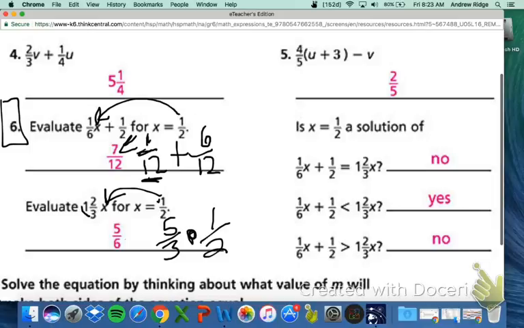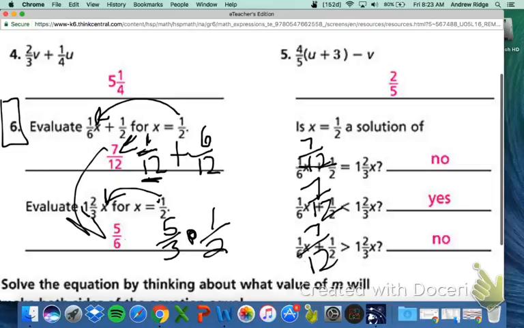We might then compare these two, so we have 7/12 versus 5/6. I'm just going to put 7/12 over here for all of these. These are all 7/12, and then I'm going to turn this 5/6 into 10/12.